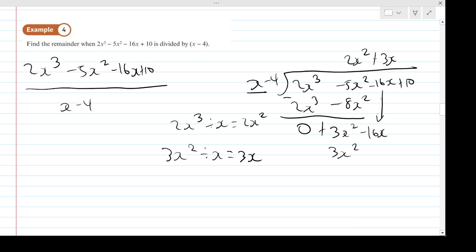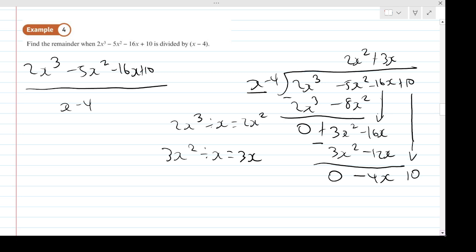And then 3x times minus 4 is minus 12x. And then if we take those away, these two equations, 3x squared minus 3x squared is 0. Again, what we want. Then minus 16x take away minus 12x. Again, we add, double negative. Minus 16x add 12x will be minus 4x. And there we are. So then we can bring this last number down here, which is a 10.